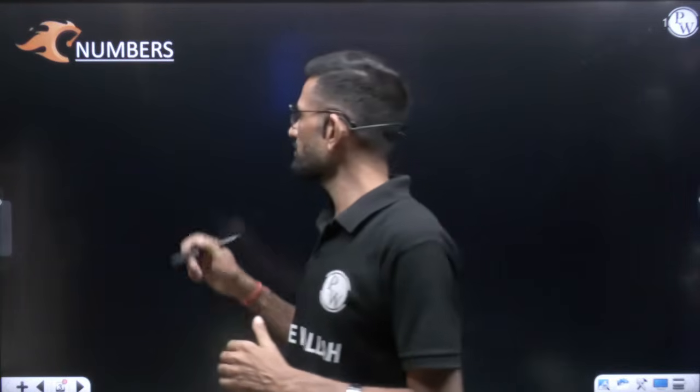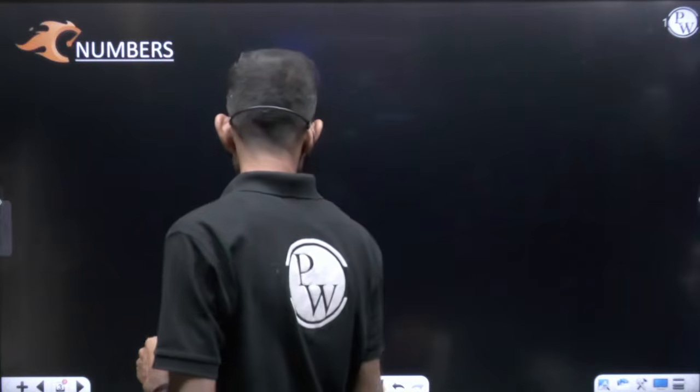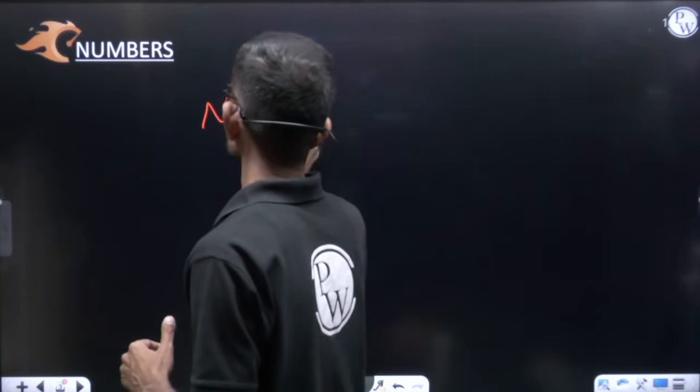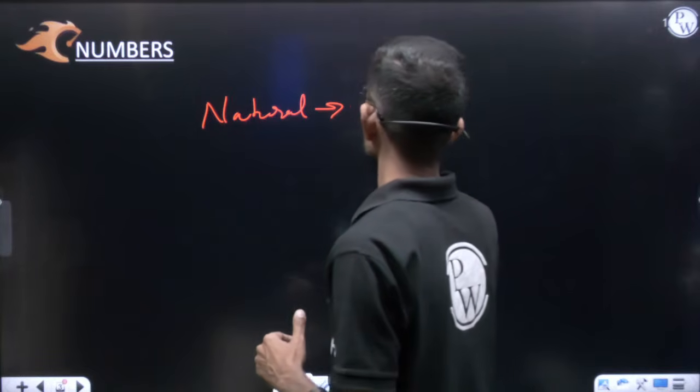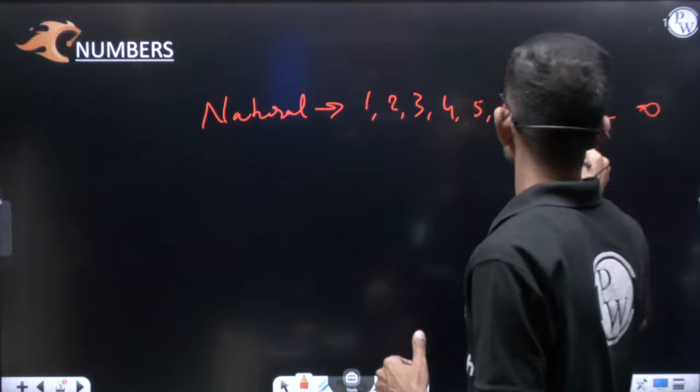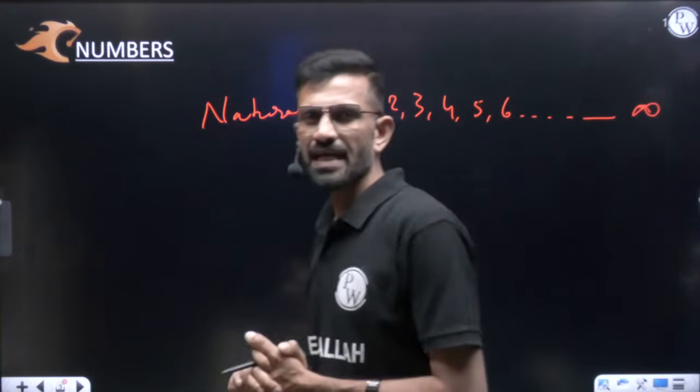So all the counting numbers from 1, 2, 3, 4 up till infinite we call natural numbers. Every counting number is called a natural number. So natural number is clear to you. Natural numbers are all the numbers from 1 onwards, that is 1, 2, 3, 4, 5, 6, 7, and so on up till infinite.